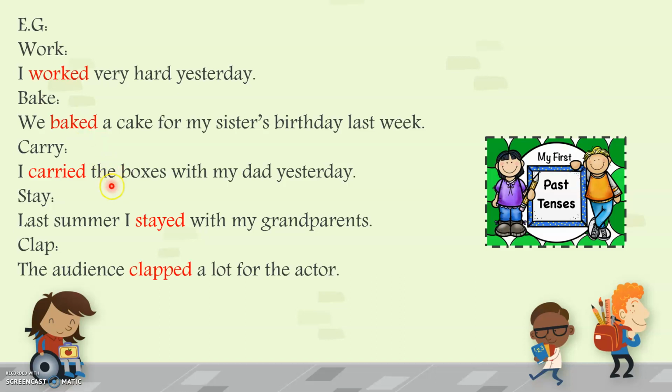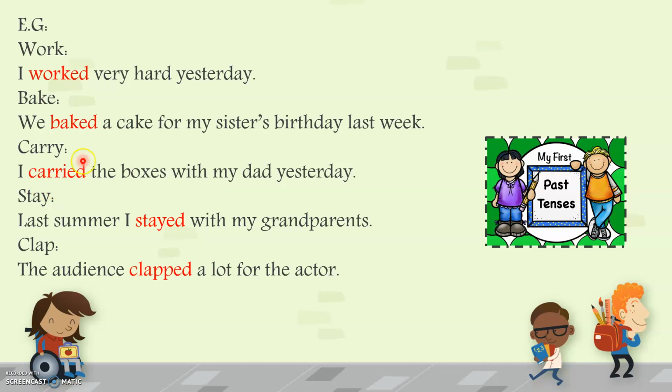I carried the boxes with my dad yesterday. To change the sentence into the negative form, we add didn't because the sentence is in the simple past tense. So the sentence will be, I didn't carry. How do we change the verb carried into the base form?